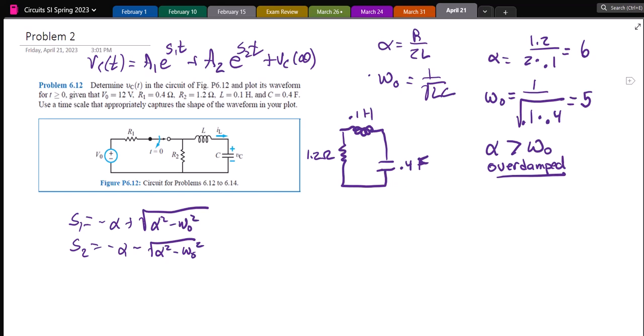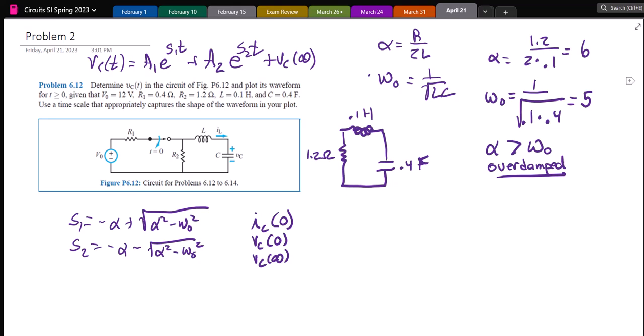And for A1 and A2, I'll write those formulas when we get to them. We'll need IC of 0, we'll need VC of 0, and we will need VC at infinity. So those are all things that we're going to need.